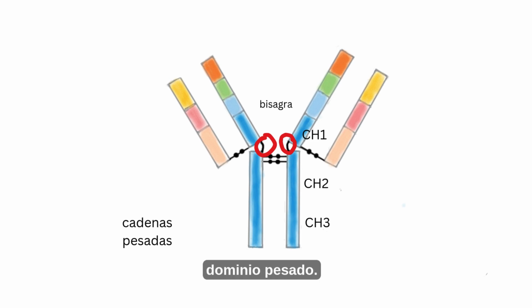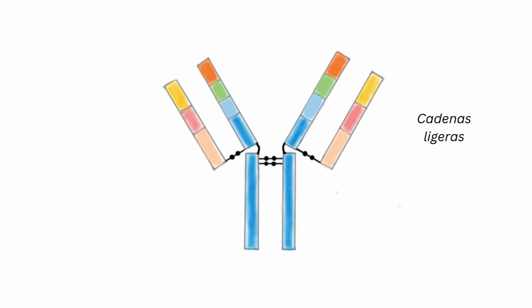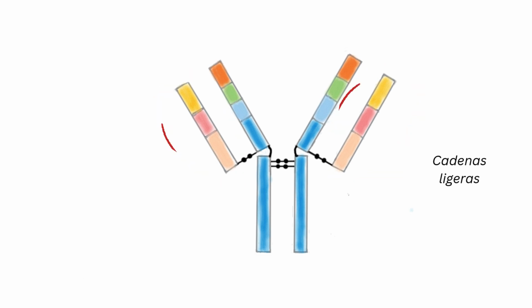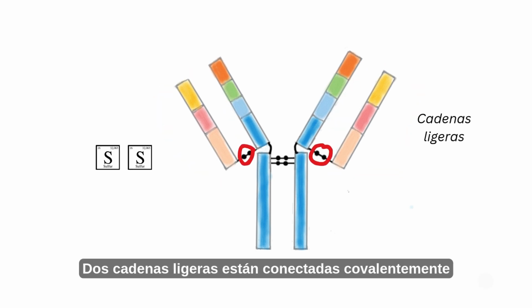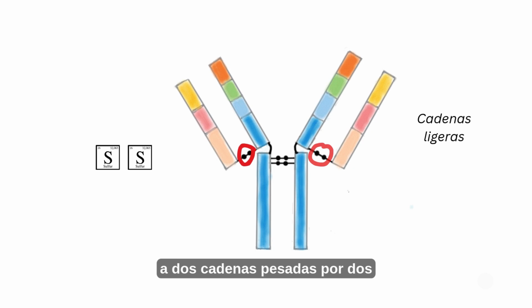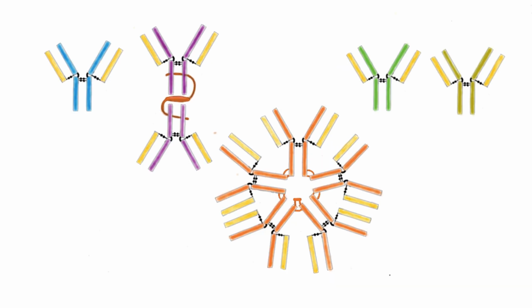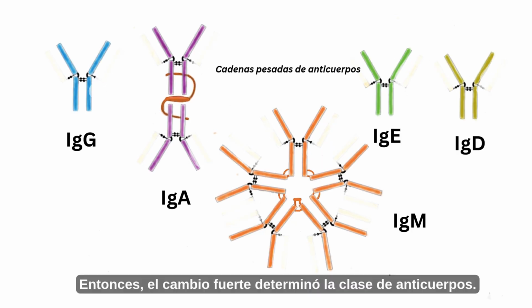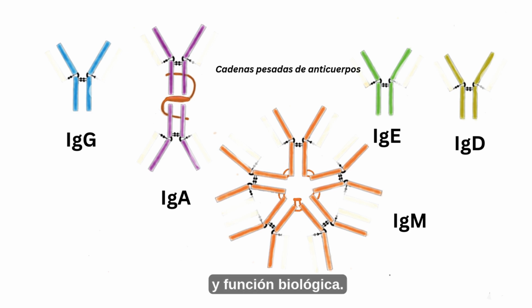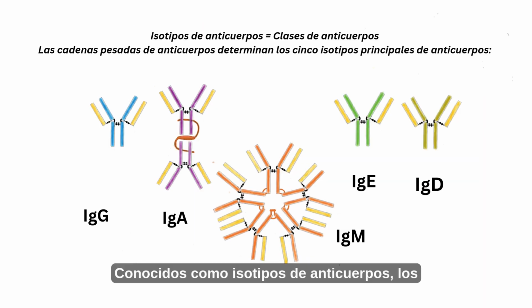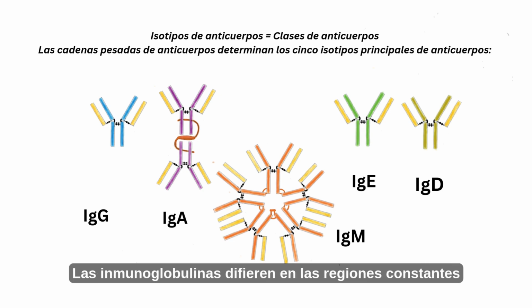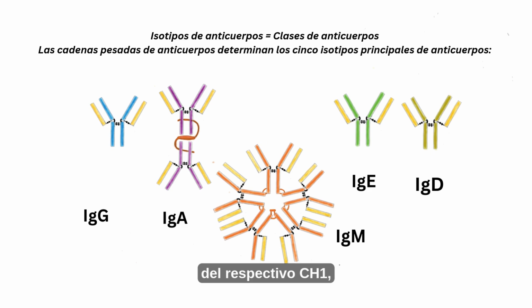CH stands for constant heavy domain. So the heavy chains determine the antibody class and biological function, known as antibody isotypes. The immunoglobulins differ in the constant regions of their respective CH1, CH2, and CH3 domains.